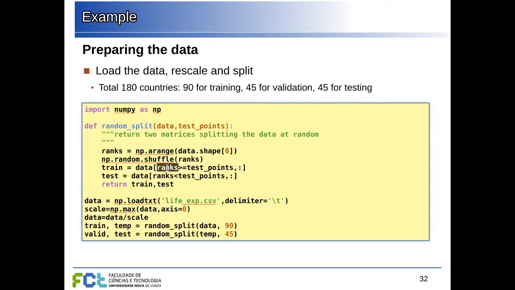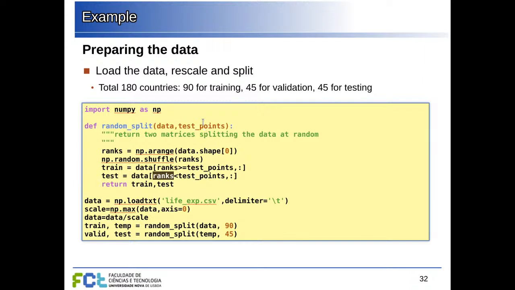And this is the set of rows of the matrix that we take out with all the columns. This is for the second dimension, we are choosing all the columns, and we select this set of random rows for the training set. And the remainder, so the inverse of this comparison, will be for the test set, all the rank values that are smaller than the number of points we indicate here.